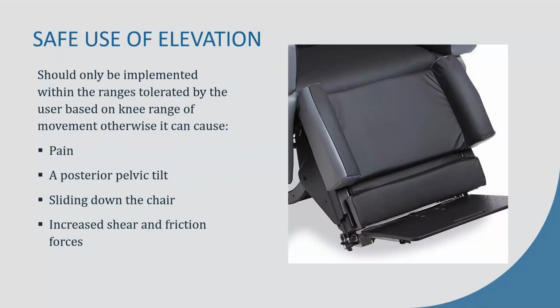We need to make sure that we look at knee range of movement with the hip flexed to get an understanding of their tolerance for that elevation. Because if somebody doesn't have the knee range and somebody goes in and adjusts and elevates that leg rest, it's going to cause significant pain. It's going to pull them, and maybe you can demonstrate that shortly when we get the chairs out. You can pull people down the chair, slide in, risk of falling, and of course that shear and friction forces that we mentioned.